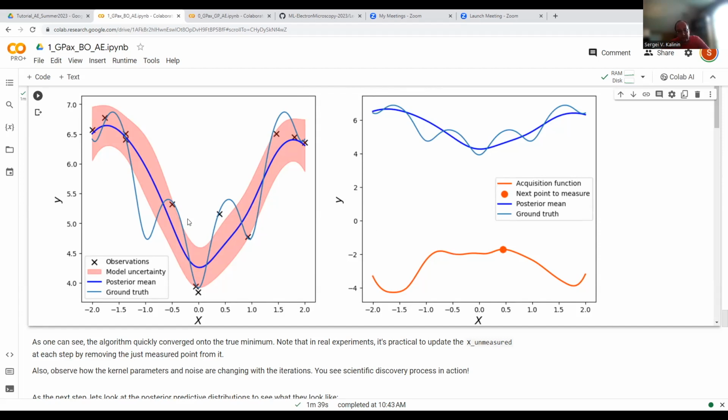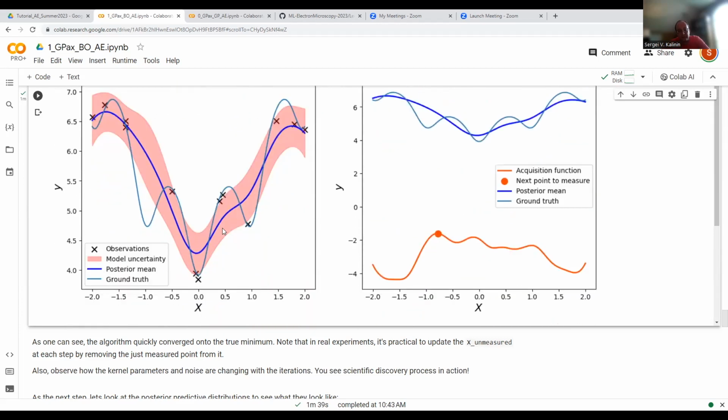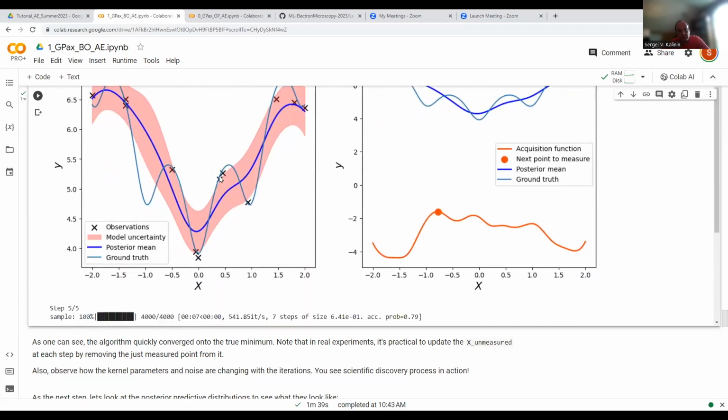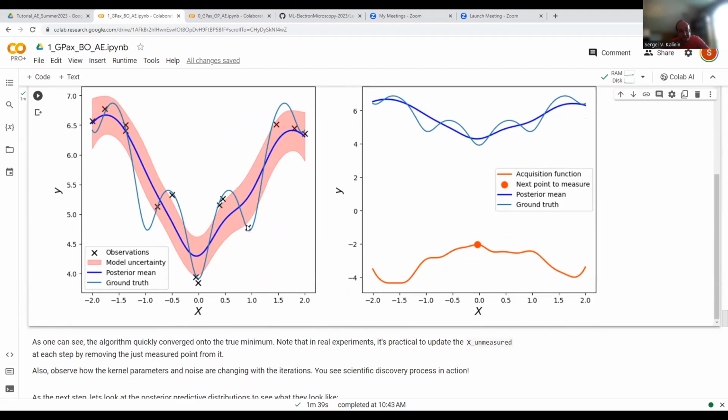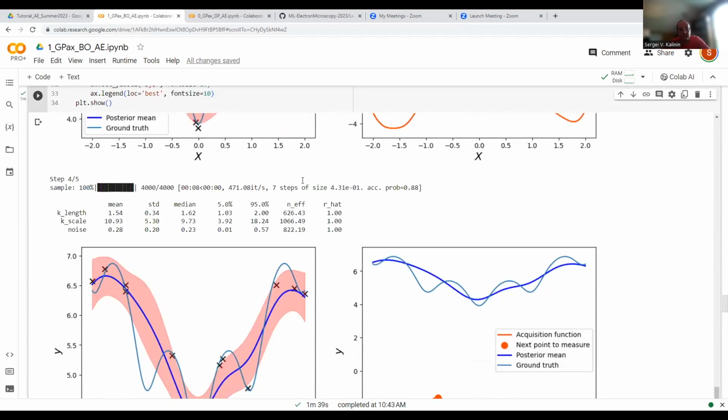So in fact, we spent some experimental budget in order to perform measurements here and here. We actually perform measurements not at the minimum, but at locations close to the minimum. So the question you may ask is, what is going on? Why is our function uncertainty so high?